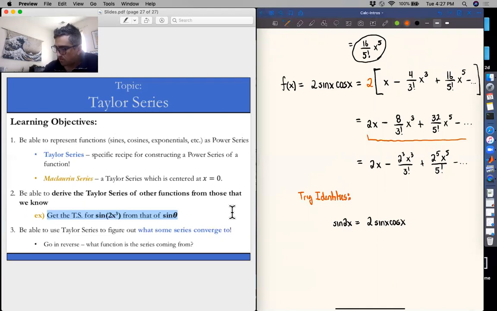And what we just showed was, we found the Taylor series for sine of 2x just using sine. And we found the Taylor series for 2 times sine times cosine using both sine and cosine's Taylor series. And we basically saw that this equality is maintained even in their Taylor series. So if we have trig functions like we do here, the trig identities actually also are equal with their Taylor series representations.